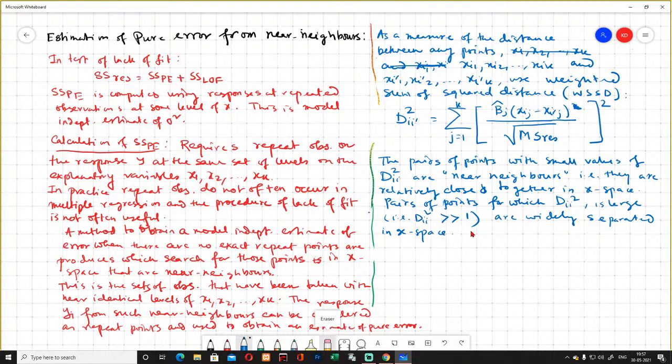The residuals at two points with a small value of Dii dash squared can be used to obtain an estimate of error.